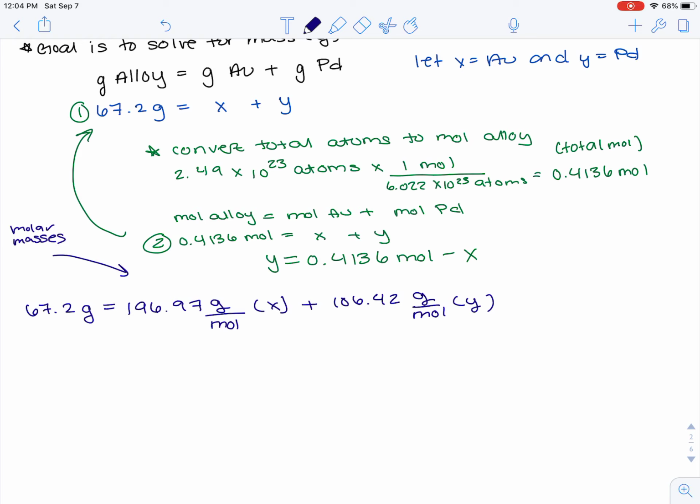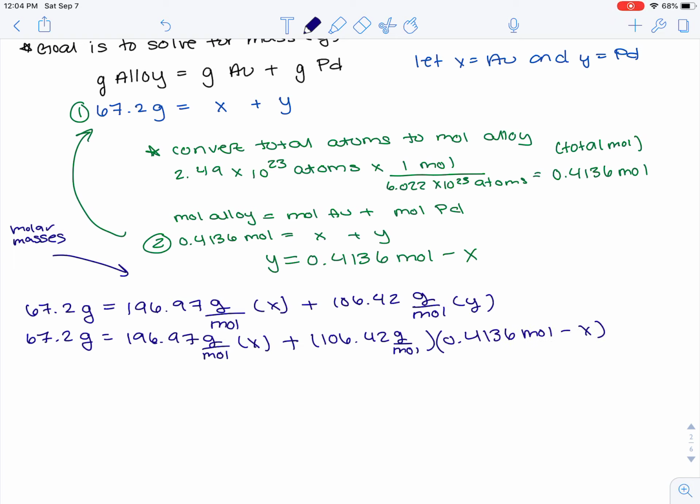Now plugging in the variables that I solved for, 196.97 grams per mole, making the equation in terms of X, and then 106.42 grams per mole, multiplying that by 0.4136 moles minus X. Expanding that equation then just becomes algebra.